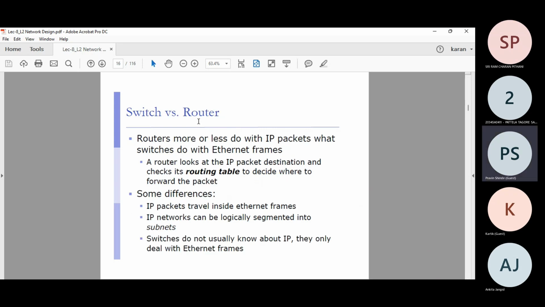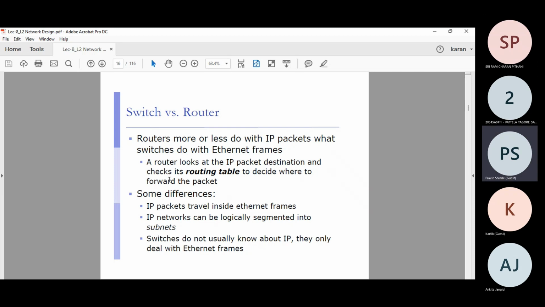See, switches versus routers. Routers more or less do with IP packets what switches do with Ethernet frames. In routers they forward IP packets, and in switches they forward frames.